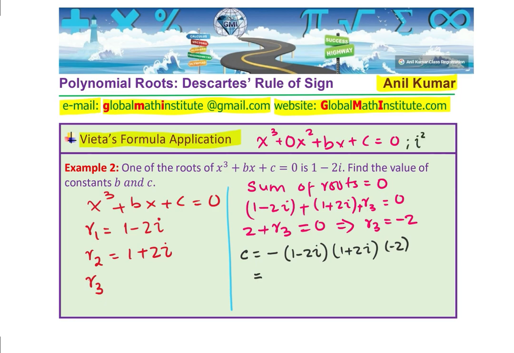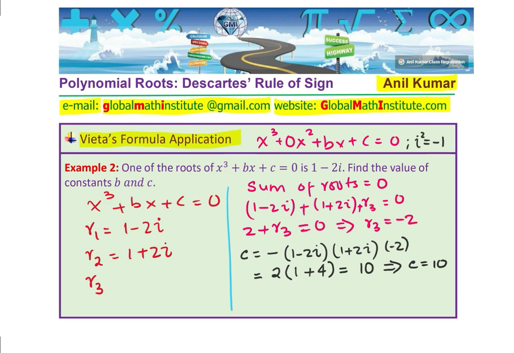Minus 2 and the negative sign become 2. Then 1 minus 2i times 1 plus 2i is 1 minus 4i squared, which is 1 plus 4, since i squared is minus 1. That gives you 10. So the value of c is 10.